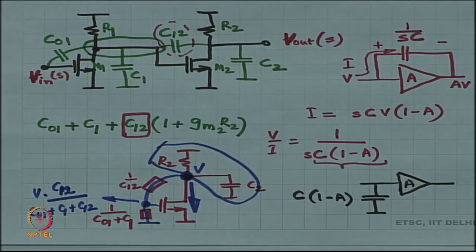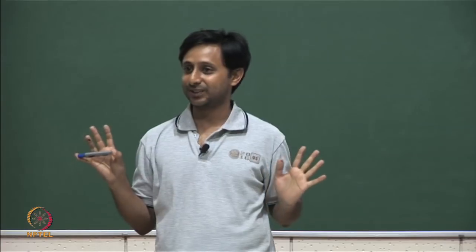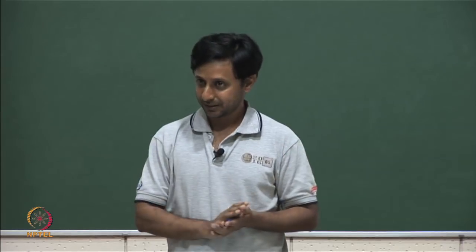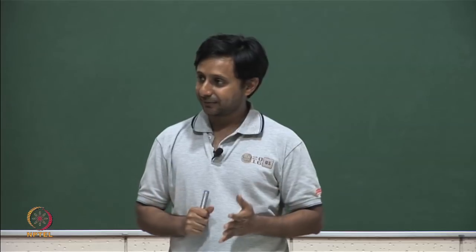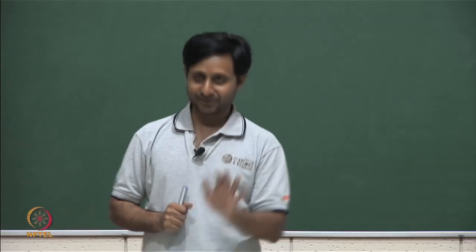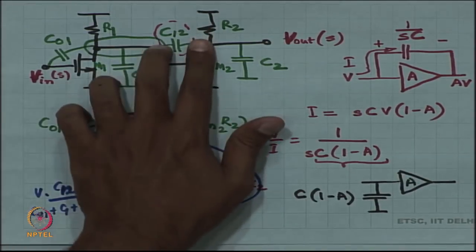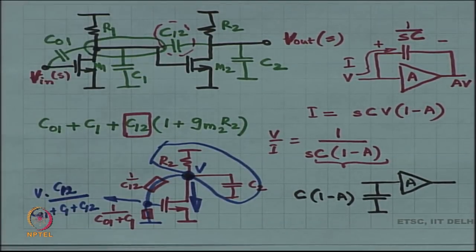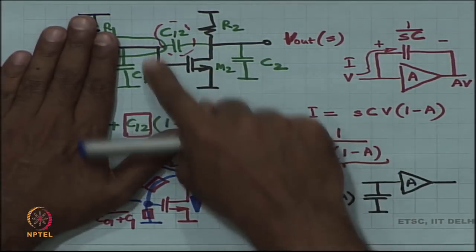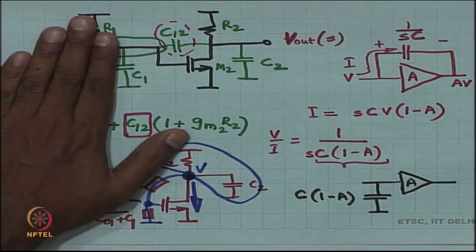Why is that a mistake? Because at this high frequency that we are talking about, A is no longer the original gmR2. At this high frequency, all these capacitors are going to behave like short circuits. They are going to behave as such good short circuits that R1 will be gone. The entire MOSFET will look as if it is diode connected.